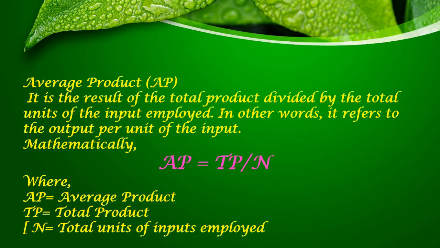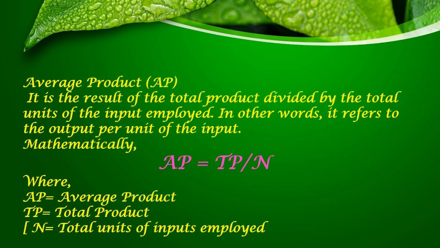The next one is the average product. Average product is the result of total product divided by the total units of input employed. In other words, it refers to the output per unit of input. So average product is equal to the total product divided by the total number of variable inputs.